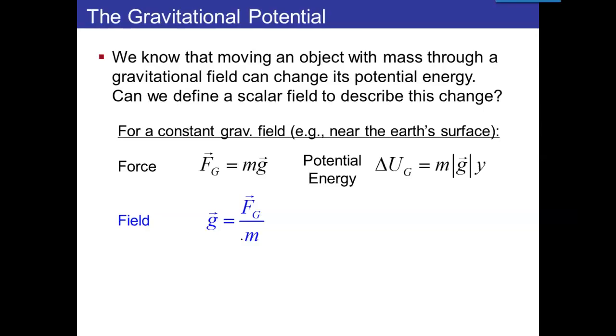So what would be a logical way to define a potential field? Same way as we did for the gravitational field: take the change in potential energy and divide it by the mass of the system. So we see that the change in gravitational potential is now g times y.